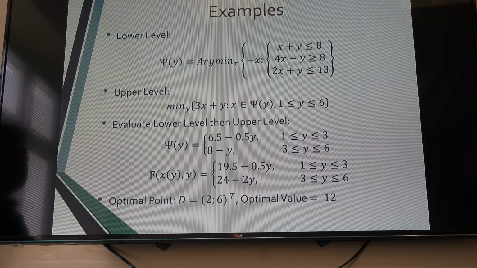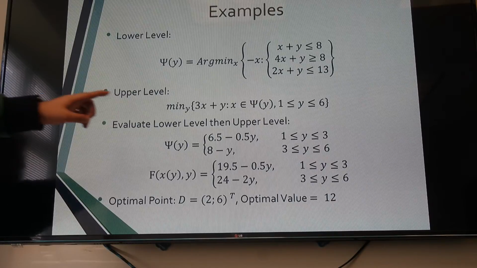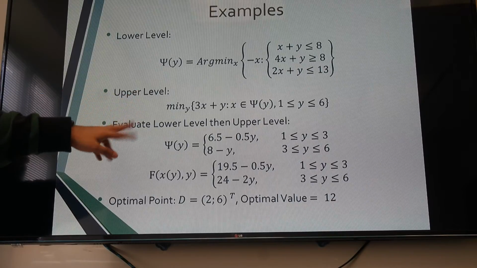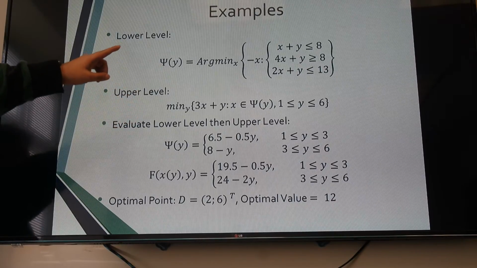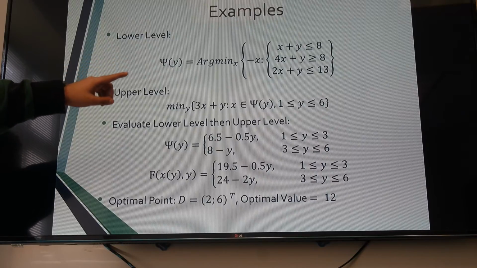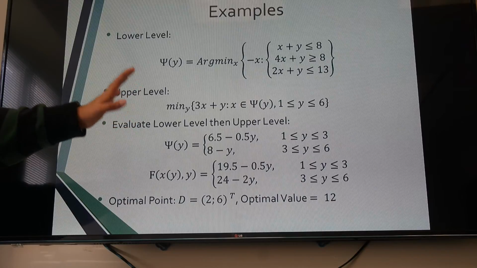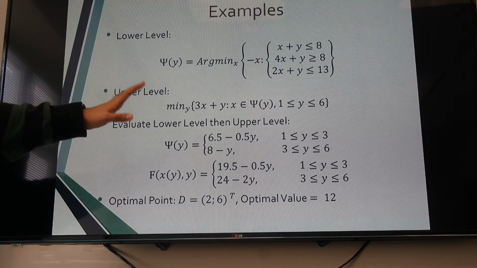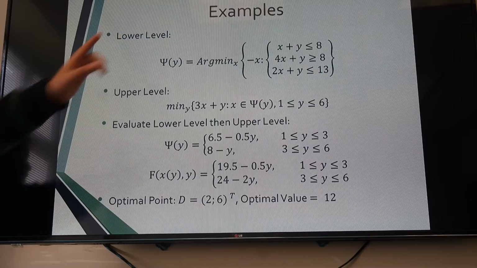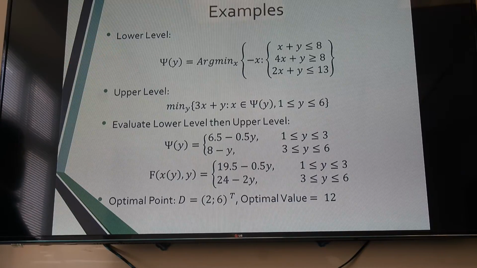So we see that when y is between 1 and 3, the constraint 2x plus y less than or equal to 13 is the one that we need to satisfy, because once we satisfy this to tightness, the other two constraints are automatically satisfied.